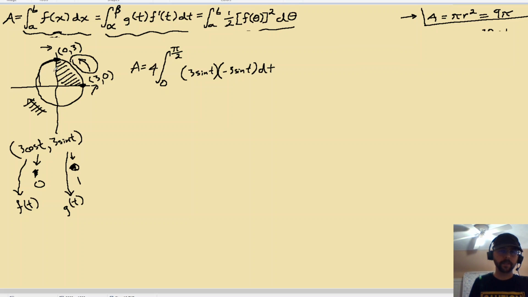I believe I should have gone the other direction on my circle. Or maybe I mismatched the f of t and the g of t, but I think it goes this way, f of t and g of t. At any rate, it'll end up with a negative 9 pi, so it's more or less still correct. Area equals 4.